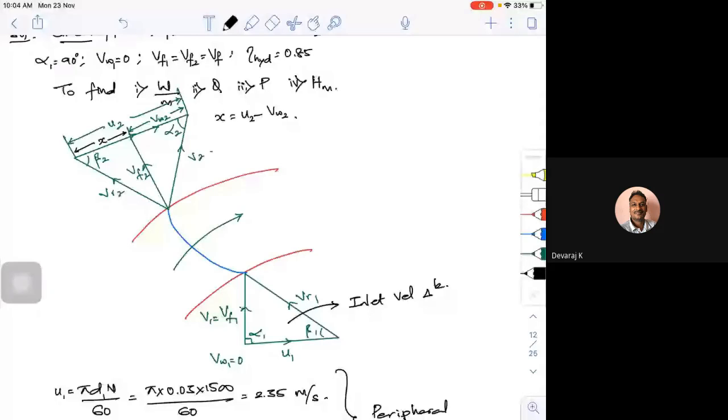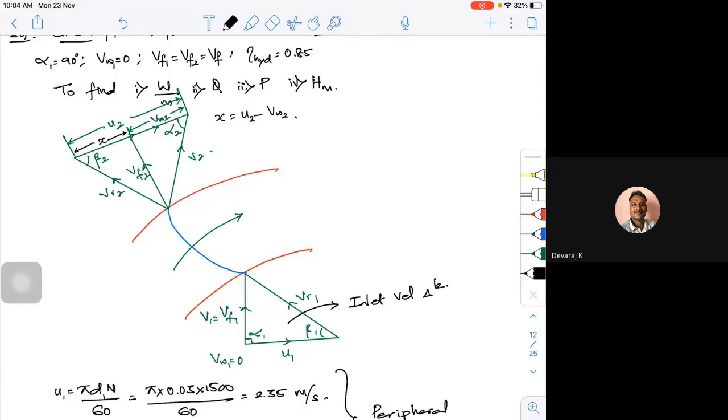What is x actually? x is U2 minus Vw2. From there, what are my known quantities? I know the value of Vf1, which is also equal to Vf2. I know the value of U2, which I just calculated. So I can calculate the whirl velocity at the exit, which is Vw2. I can find Vw2 from the exit velocity triangle.